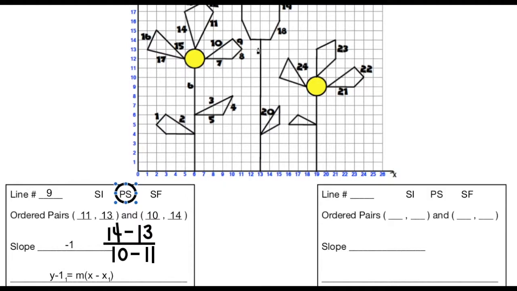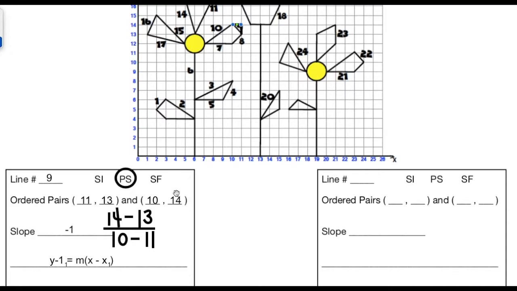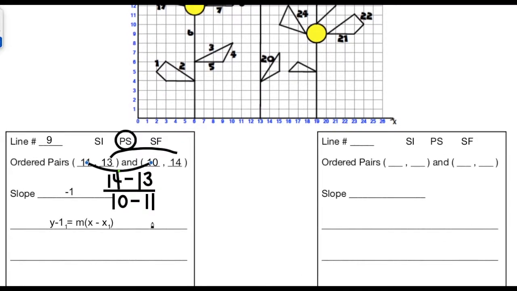When you're finding the slope, we can count up and count over to find out that the slope is -1, and we can also verify that by taking 14 minus 13, which is 1, and then 10 minus 11, which is -1. So 1 over -1 is a slope of -1. You do not need to show this part, but you are welcome to.